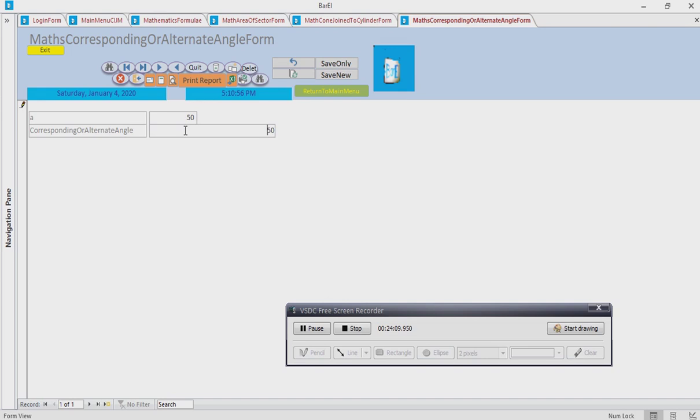Alternate angles are equal, as well as corresponding angles. So if the other angle is 50, then the other is 50.